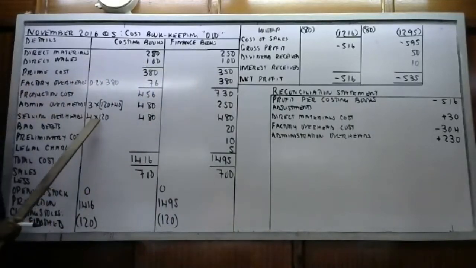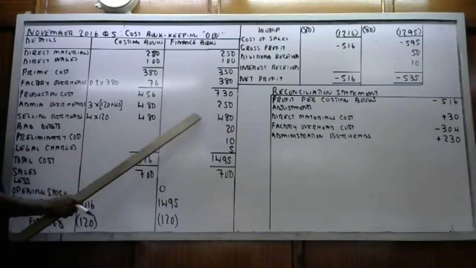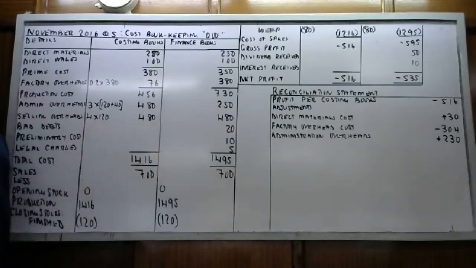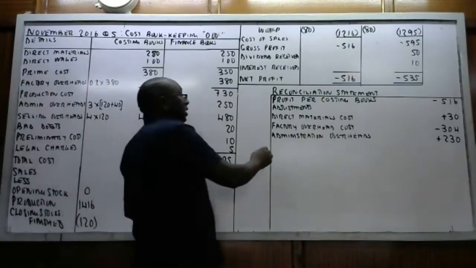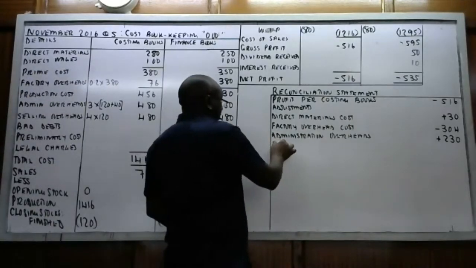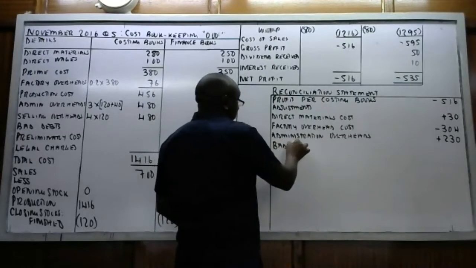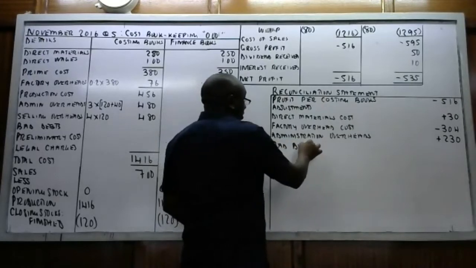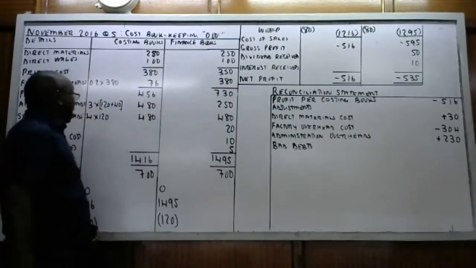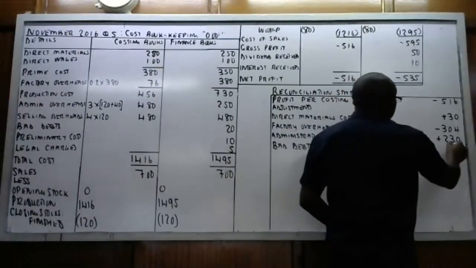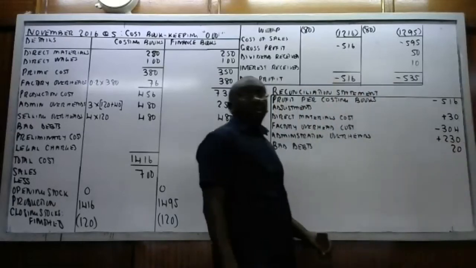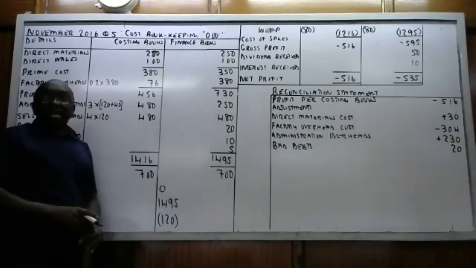Next is selling overheads. You see, me 480. So no problem there. We are beginning bad debts. There's a difference. One is 0, one is 20. So bad debts, we have 20. Now here 20, watu wa cost hawakucharge.